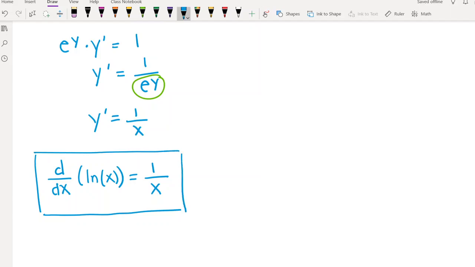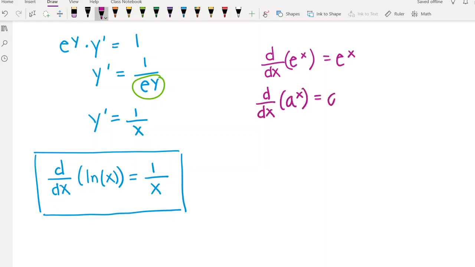I'm not going to go through the same process for a log with a different base, but I'll tell you what the rule is. Remember with exponentials, if you take the derivative of e to the x, that's just equal to e to the x. But if you take the derivative of a different number, let's say a to the x, that's equal to a to the x times ln of a. So there's an extra ln of a part hanging out.